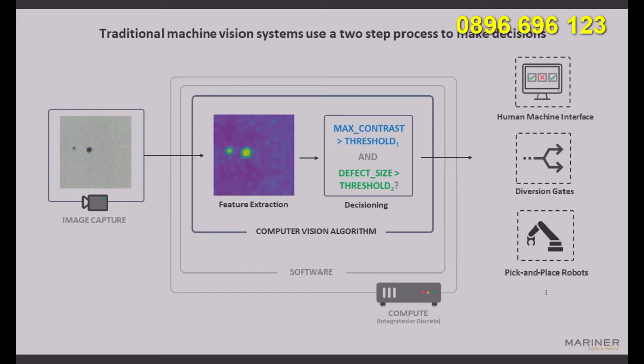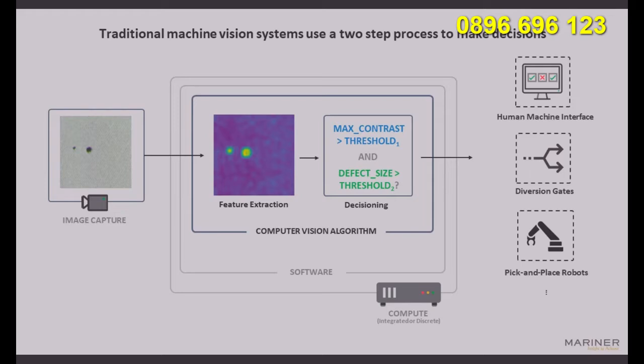You can imagine that contrast alone is generally not enough to make a decision. So features like contrast are combined with other features. Another common one would be defect size. Can I measure the size of that potential defect and use that to make a decision? So that's feature extraction, step one in traditional computer vision pipelines. Step two is always some kind of decisioning step.